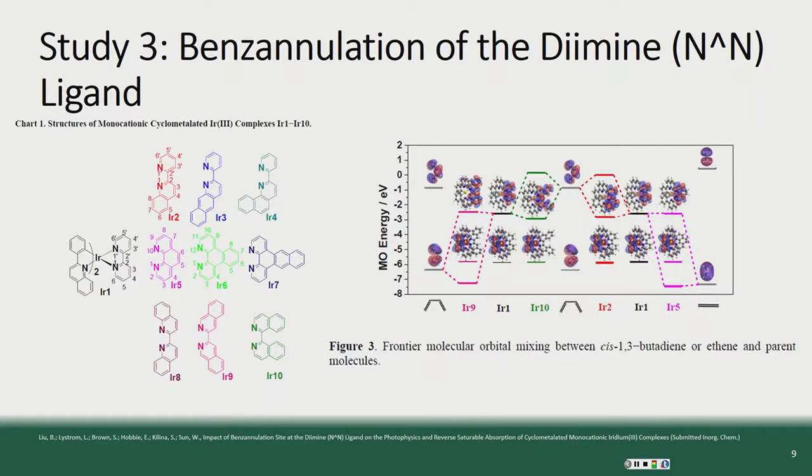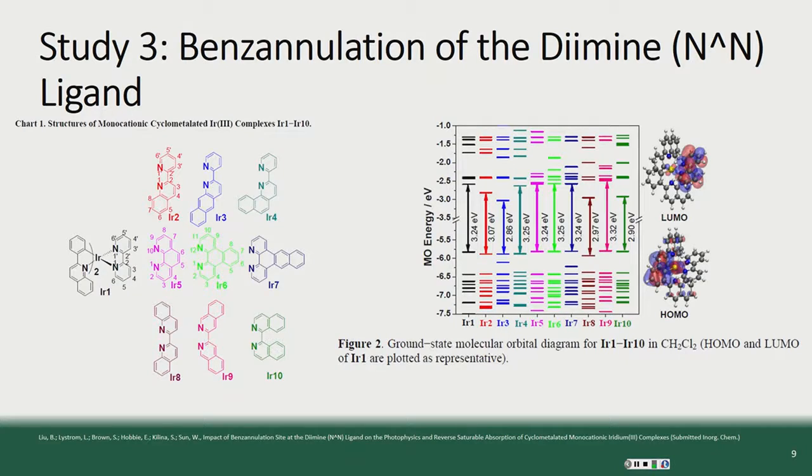And from this, I'll talk about the last paper that I'll be discussing, where we did benzoynylation on the NN ligand again, and the results are very similar to the first 2 papers. So I will not belabor the point too much. And here we can tune the homo-lumo gap by about 1/2 of an electron volt, which is pretty dramatic for organic materials because, unlike quantum dots, where the properties are size dependent, a lot of these properties come from the conductivity.